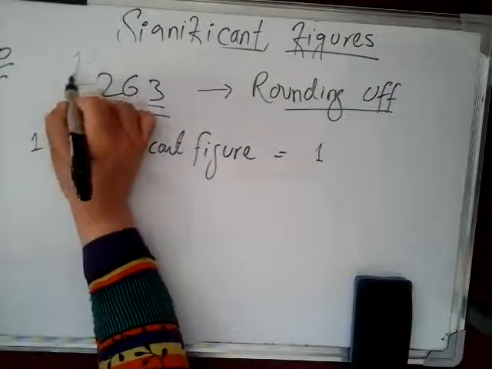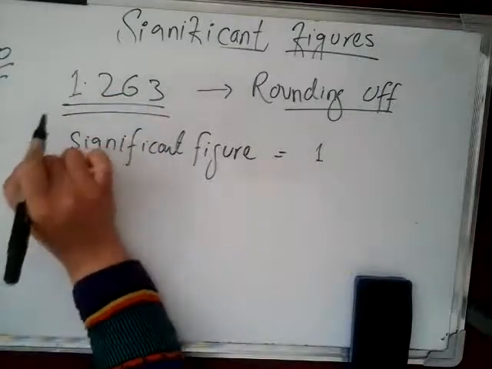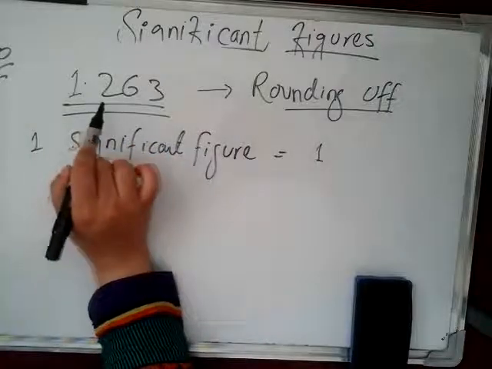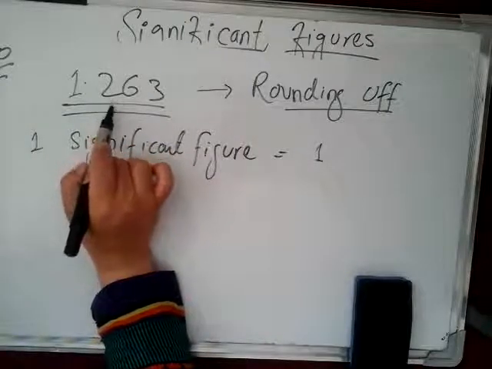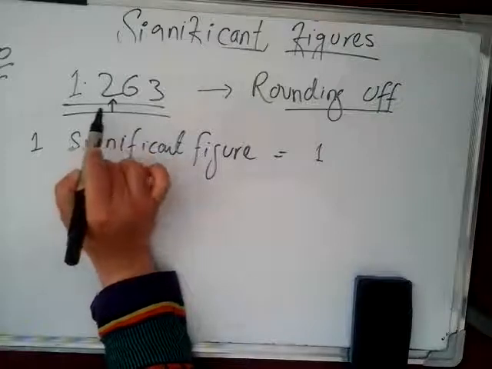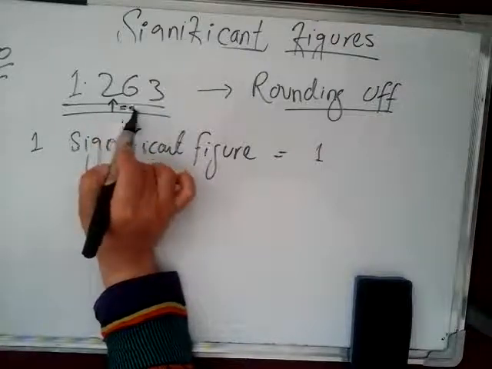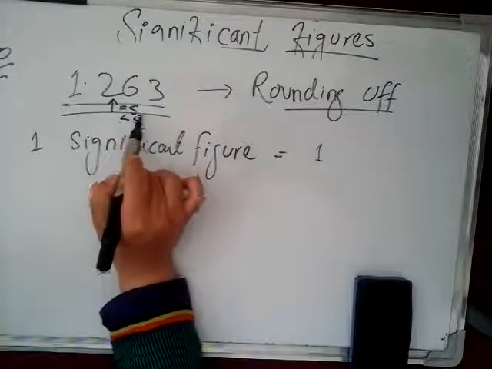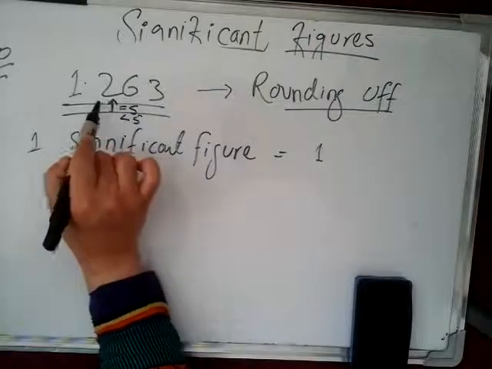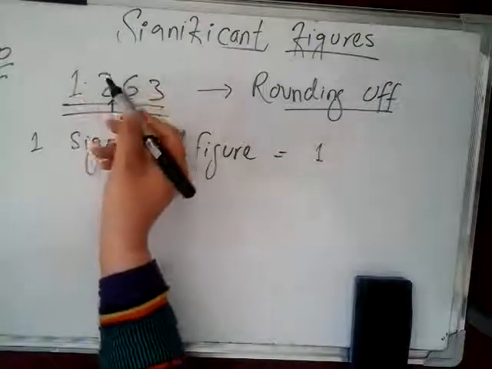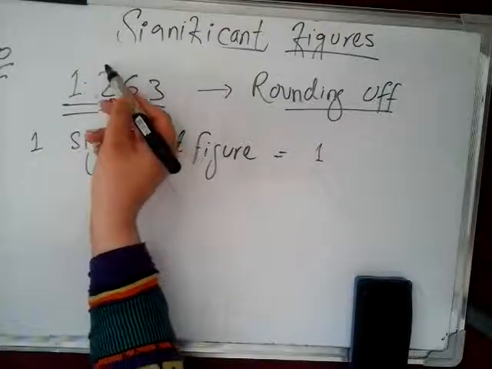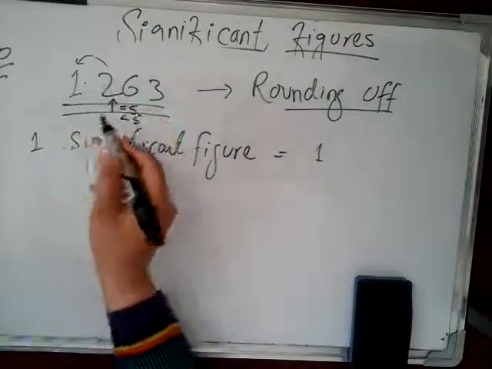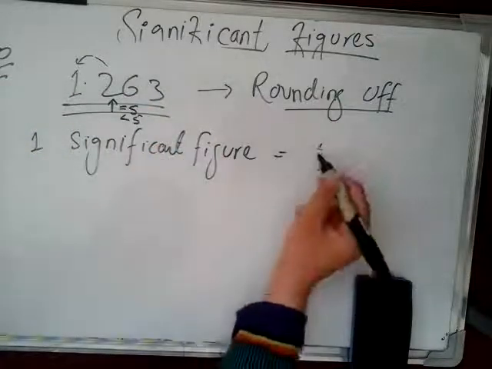So I write only 1, the first initial number. But for this purpose you also have to check the number on the right side, whether it is equal to 5 or greater than 5. If it is equal to 5 or greater than 5, then we have to do rounding off, meaning we have to add 1 to this number. Now here 2 is smaller than 5, so we will write it as it is, 1.